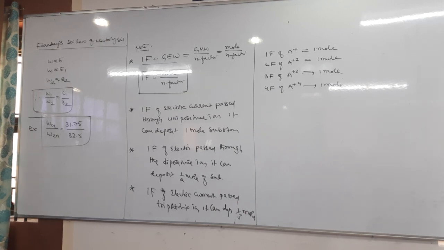Calculate the number of moles of silver, copper and aluminum deposited by passing 1 Faraday of electric current through AgNO3, copper sulfate and molten AlCl3 solution separately.